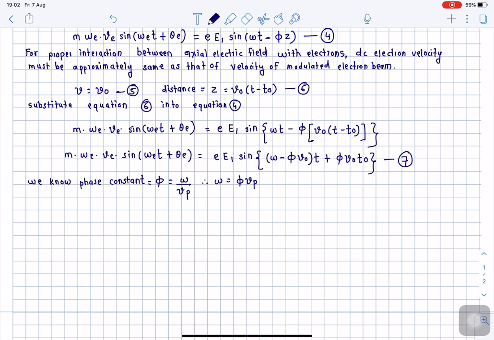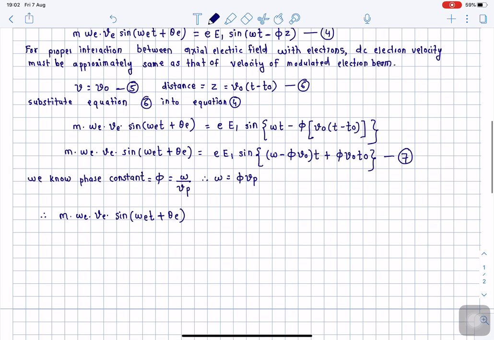Okay, so here on the left hand side, m times omega e Ve sine of omega e t plus theta e, this can be written as e of E1, right, into sine component of bracket.